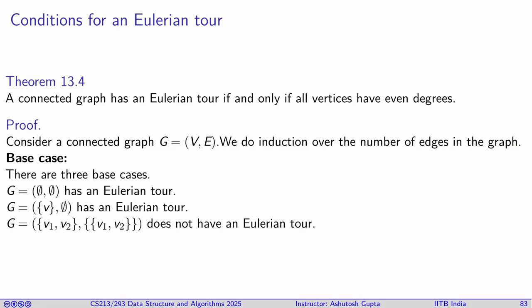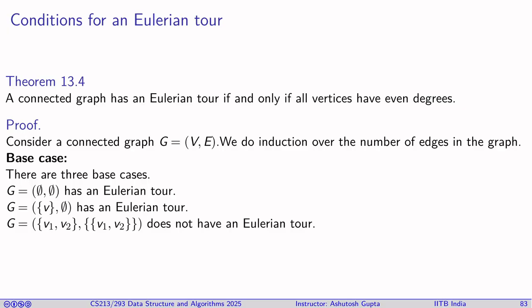So let's consider the base case. There are 3 possible base cases. There is the empty graph, where there is no node and there are no edges, and naturally, since there are no edges, you can easily imagine an Eulerian tour, so that exists. If you have a single node and no edges, then again the Eulerian tour exists.